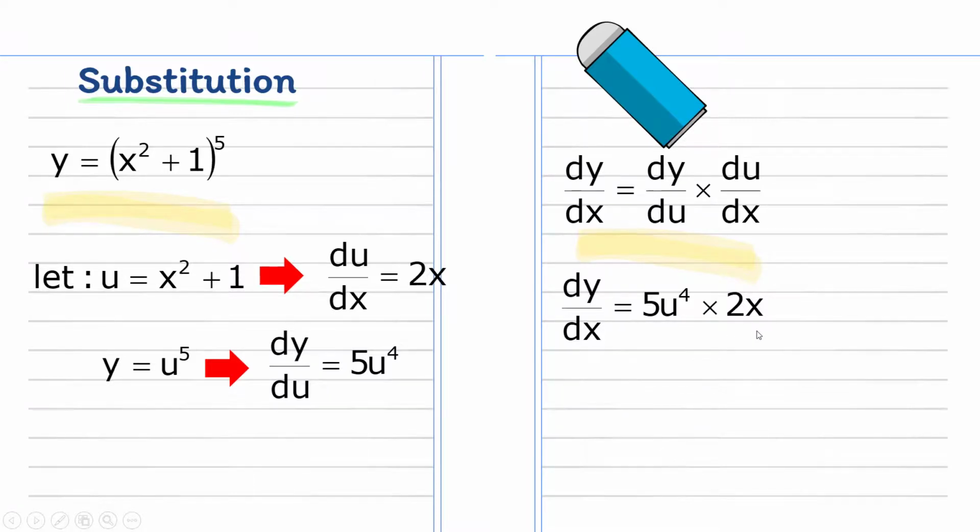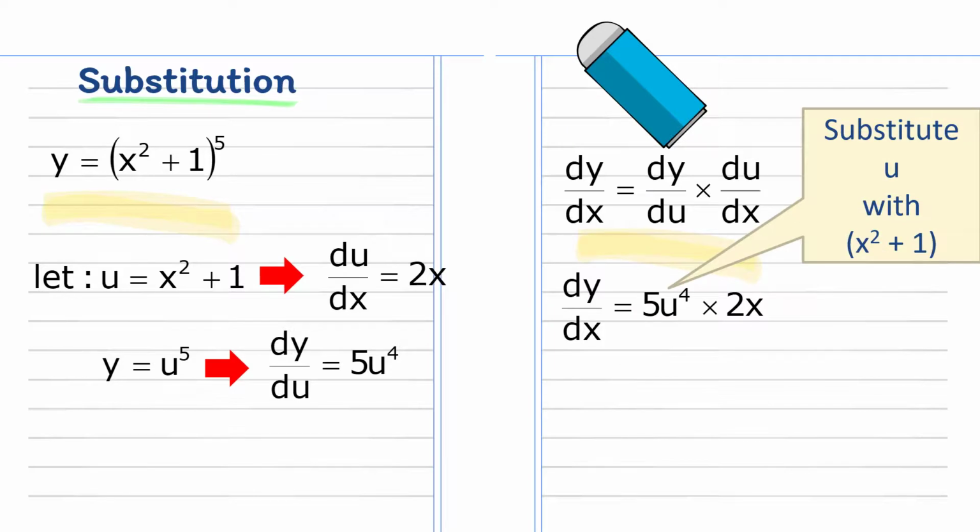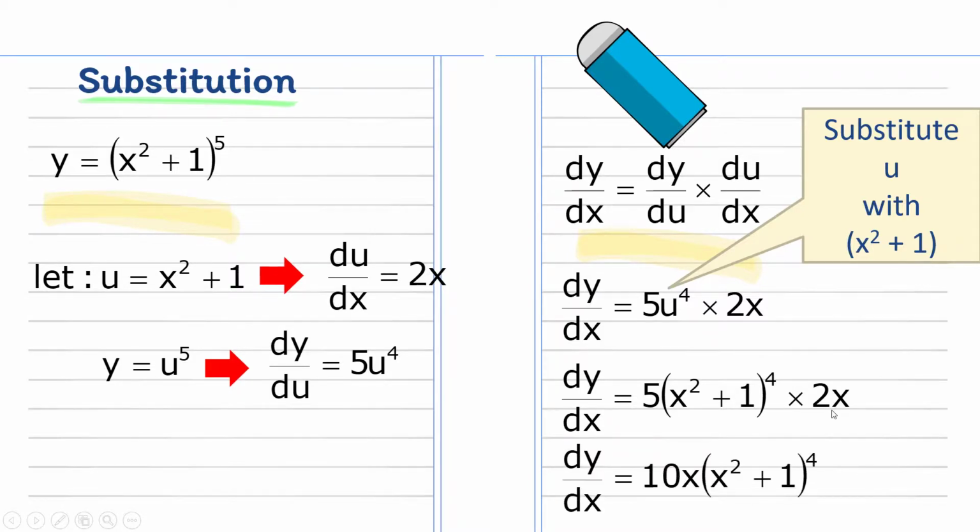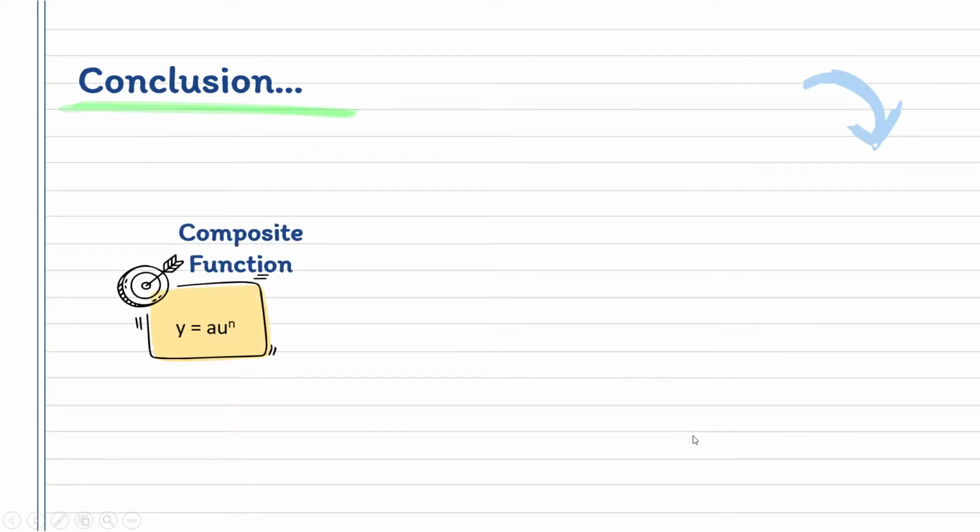Last, you can just substitute u back with x squared plus 1 and have 5(x squared plus 1) to the power of 4 multiplied by 2x, and it can be simplified to 10x times (x squared plus 1) to the power of 4.